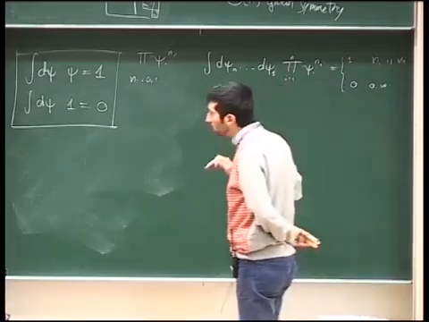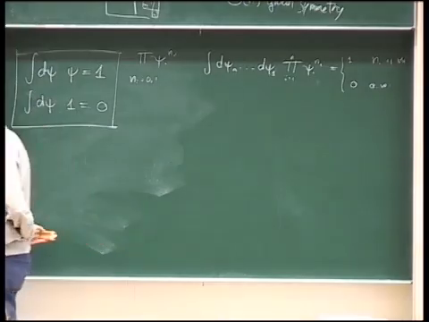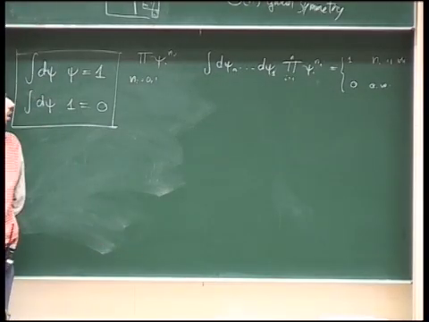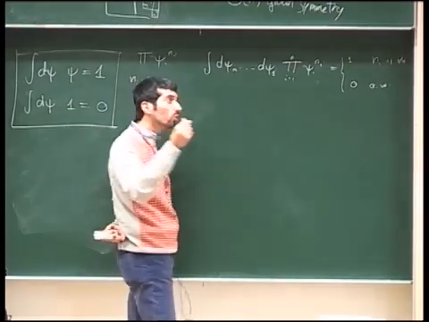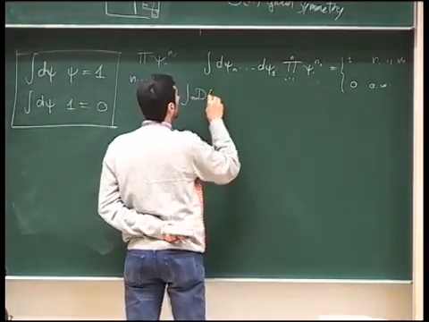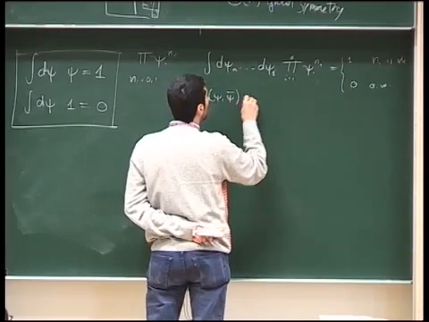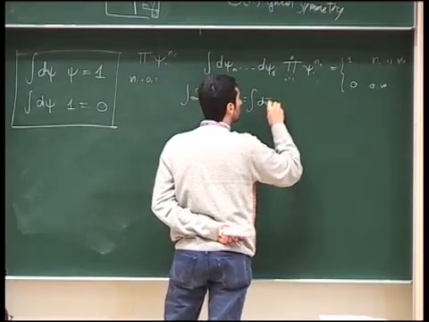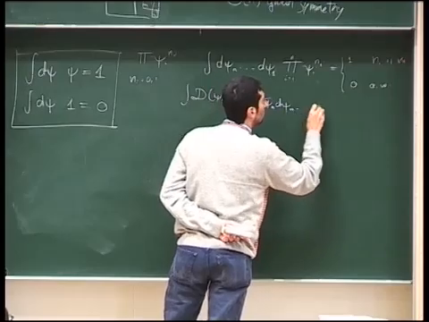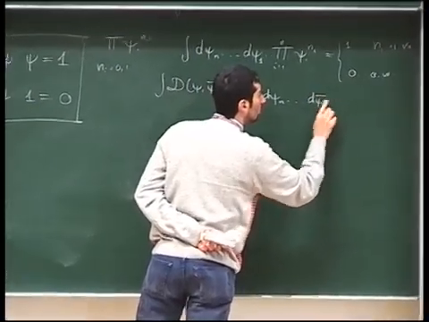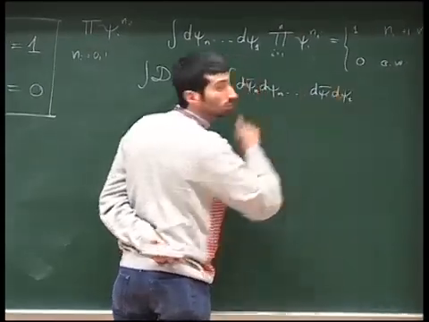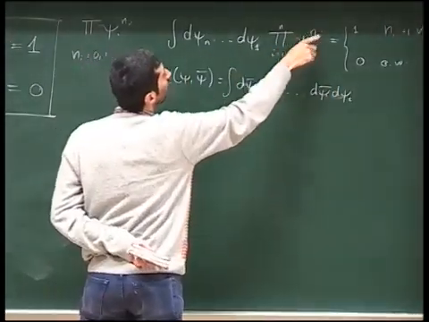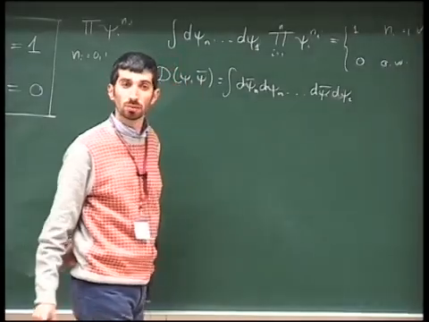We assume the same thing for the barred one. What I will use every time is this one, which I define this way, and all the n and n bar must be 1.